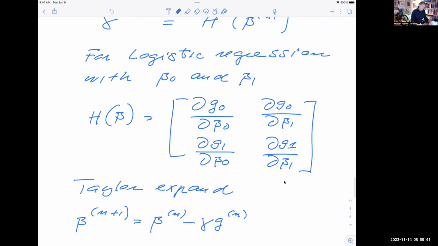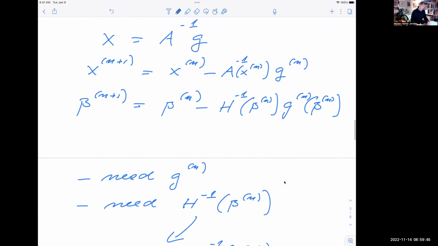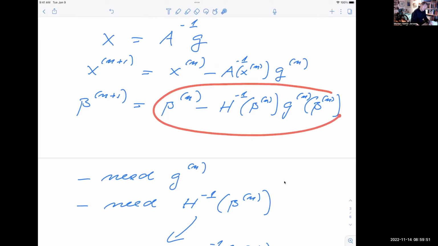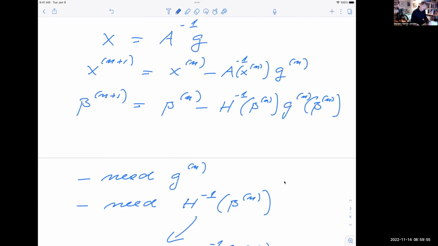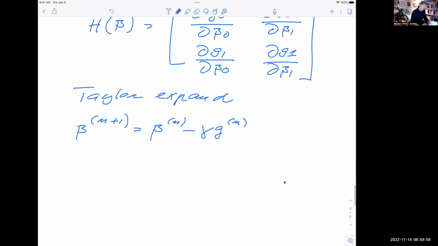This is now the approximation which we are making. If you look at this approximation, we are now simply replacing the matrix H with a learning rate, which is a new parameter. So what you see here is actually the standard gradient descent, GD.